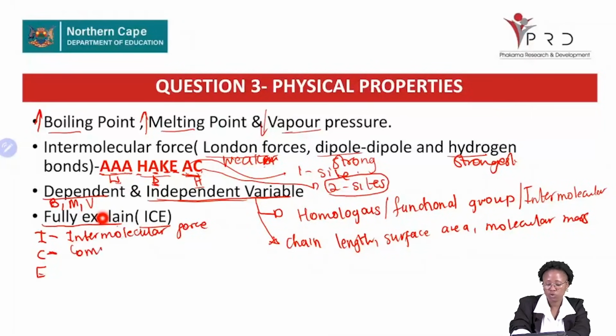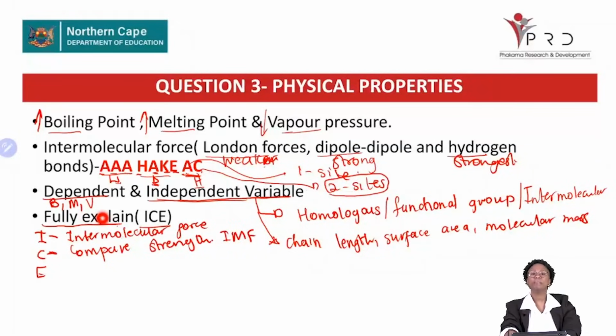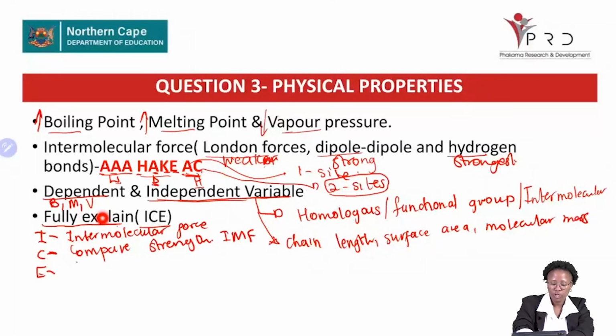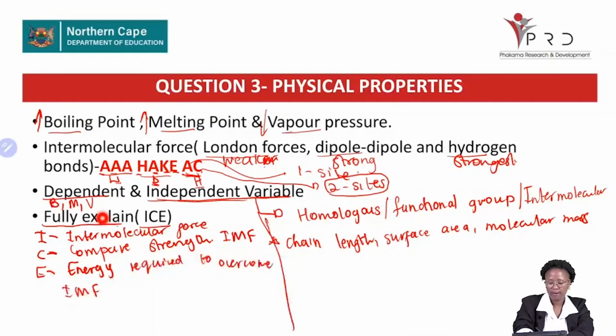Then the next thing, I want you to compare the strength of the intermolecular forces. Please do not compare the organic compounds, but you are comparing the strength of the intermolecular forces. And then E, you talk about the energy required to overcome the intermolecular forces.